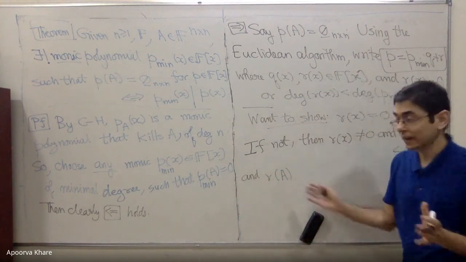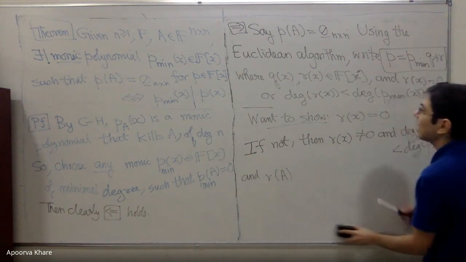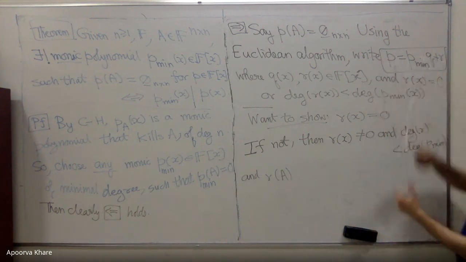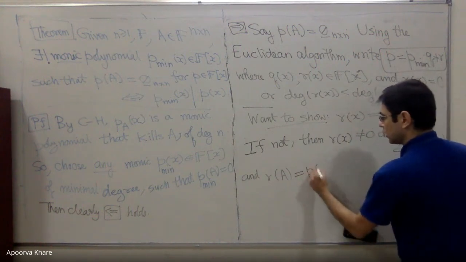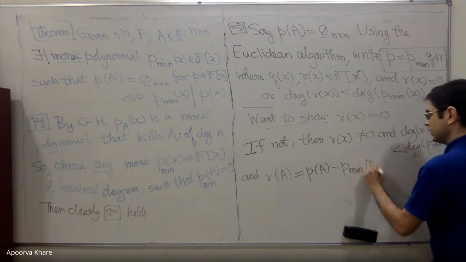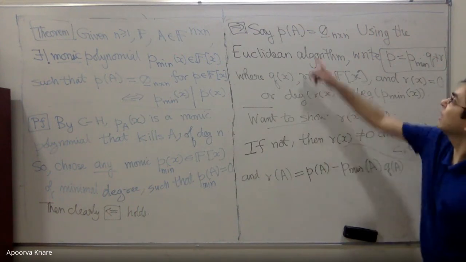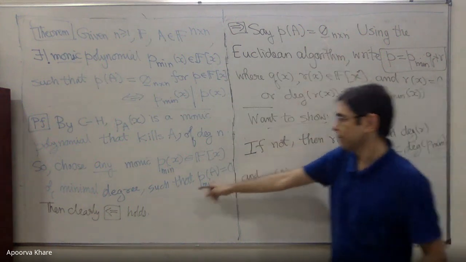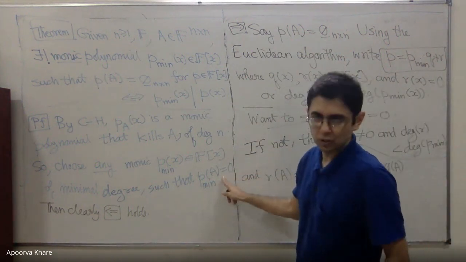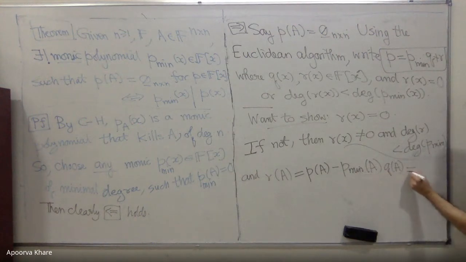R is a polynomial. I can evaluate a polynomial on a square matrix. How much do I get? Well, R of A I can calculate is P of A minus P min of A times Q of A. But you see, P of A was assumed to be 0, and P min of A, of course, is assumed to be 0. The 0 minus 0 times some matrix, and so this is literally the 0 matrix.